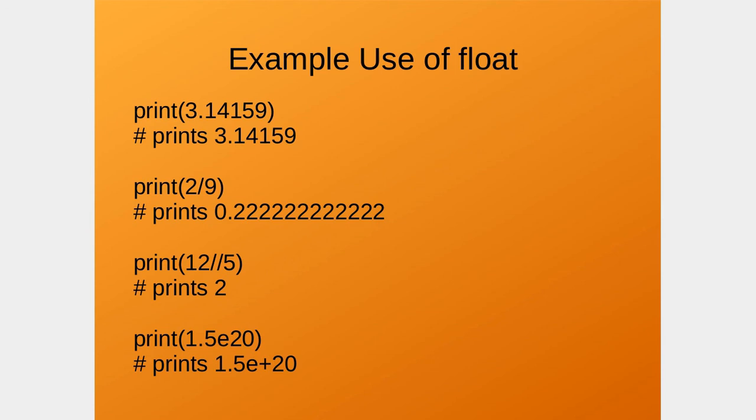Example uses of float. This illustrates what I mentioned previously about slash being float division even for integers. So 2/9 is actually 0.2 forever, and 12//5 is 2 because it's using slash slash, so it's integer division.